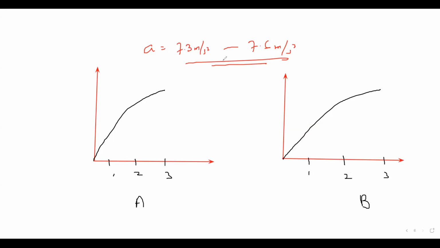So we are finding acceleration at time equal to 2 seconds. So what do I have to do? I have to first mark a point where time is equal to 2.